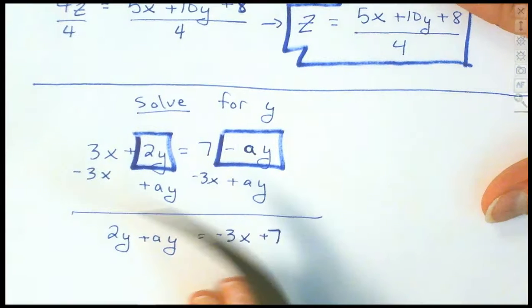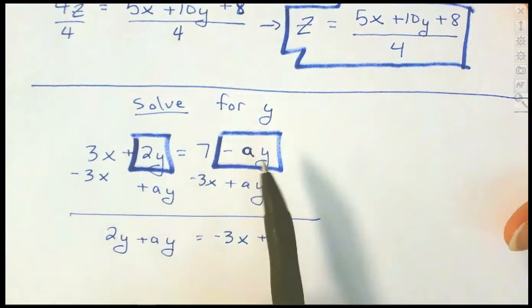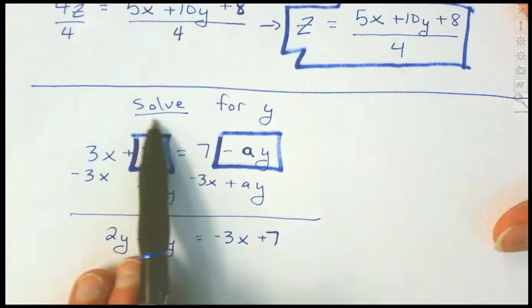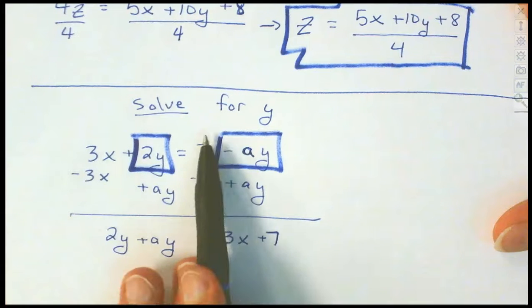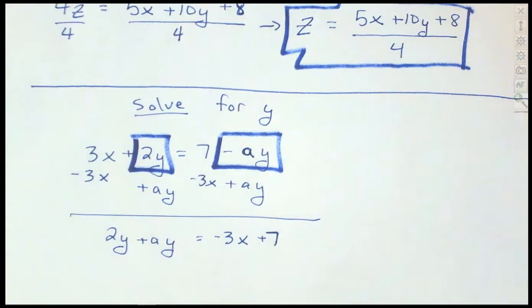So I could have broken it down into a couple of steps, but I think it might be easier if we just look at it in one piece in this one. So the ay went over, and that took care of this. And then the 3x went over to join the 7. Now, this is going to require a new concept.